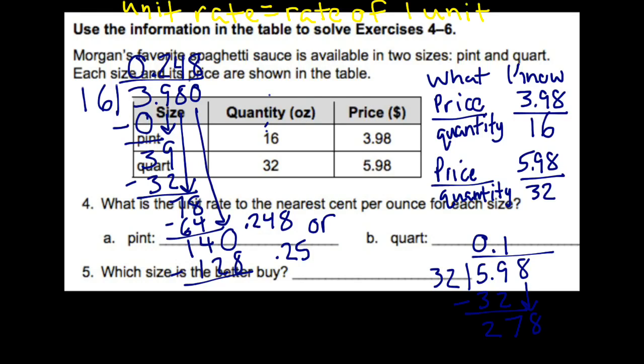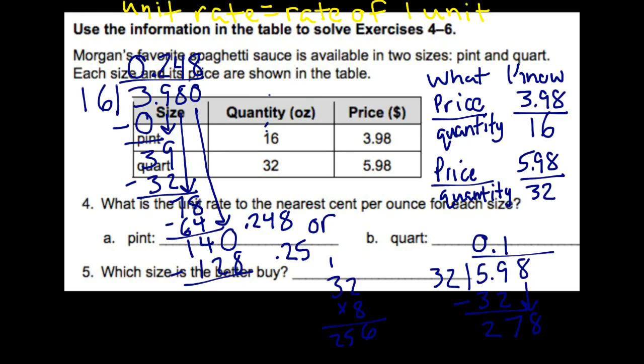Bring down the 8. 32 can go into 278. Let's try 8 times. 8 times 2 is 16. 8 times 3 is 24. Plus 1 is 25. 256.